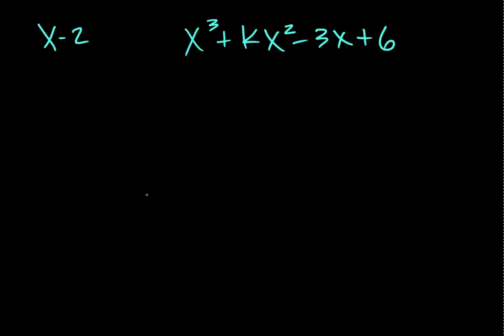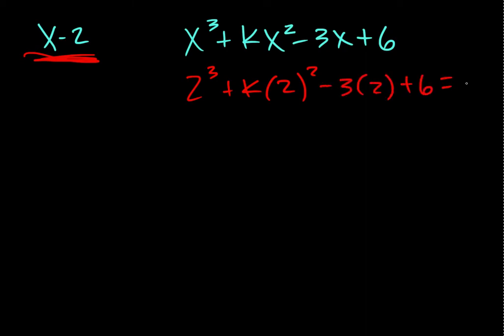Okay, because it's saying that this is a factor, we know that if we plug in a 2 for all of these x's, there won't be a remainder. So we're essentially using the remainder theorem, but since we know this is a factor, there should be no remainder.